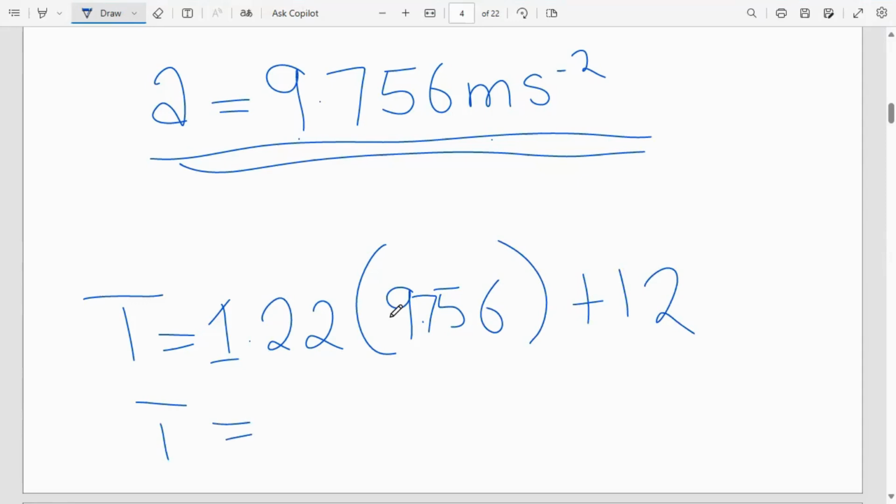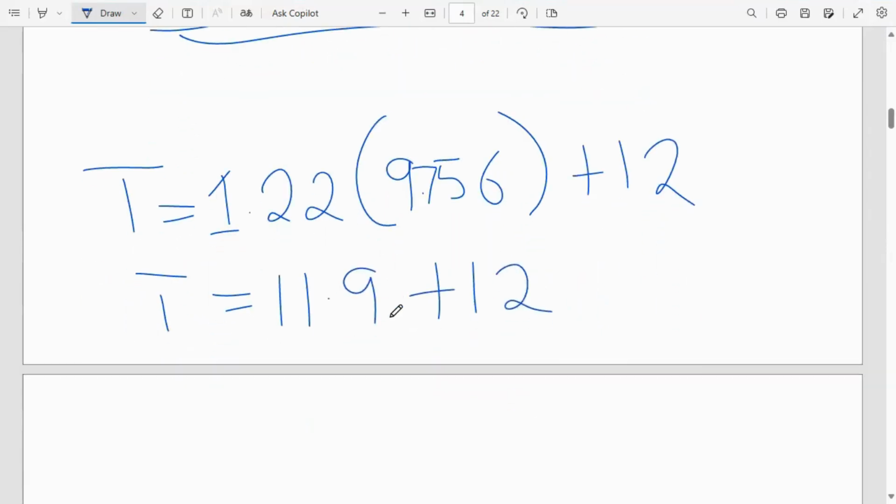So our tension will be equal to my answer multiplied by 1.22. I'm getting 11.9 plus 12. I'm getting my tension is equal to 23.9 newtons.